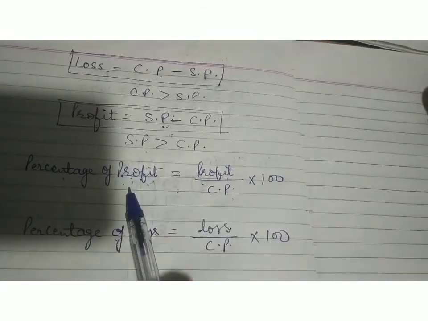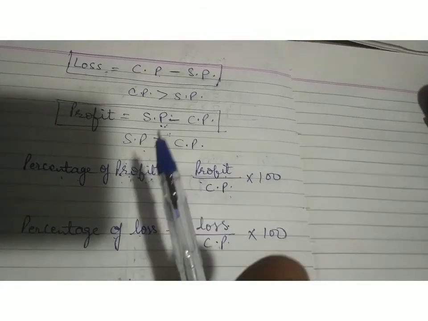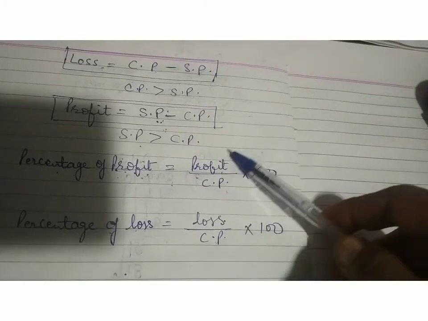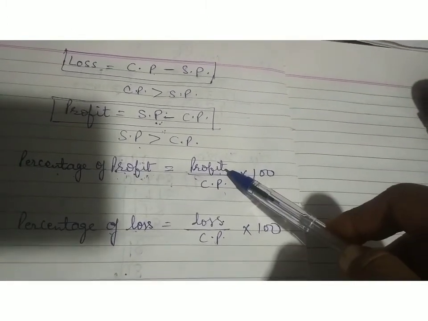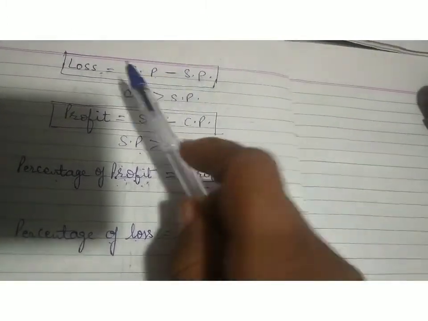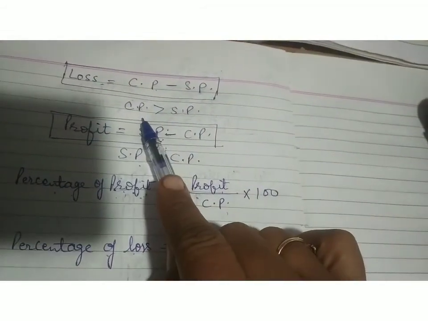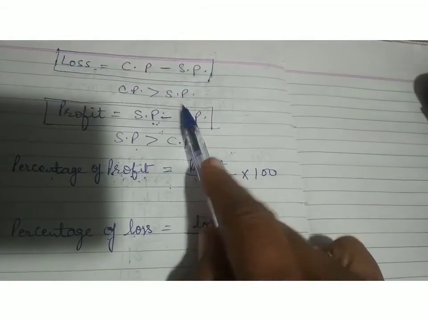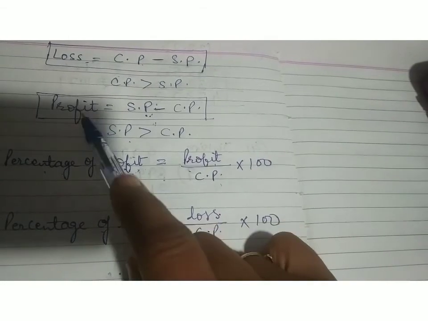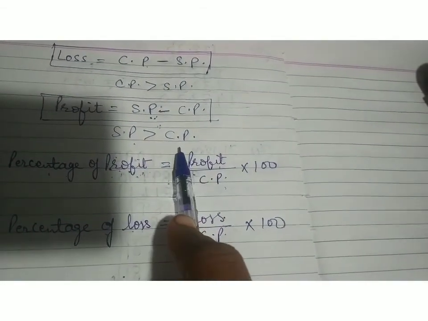If the percentage of profit or loss is given and cost price is given, then we can find out profit or loss. Loss is the condition when the cost price is more than selling price, and profit is the condition when the selling price is more than the cost price.